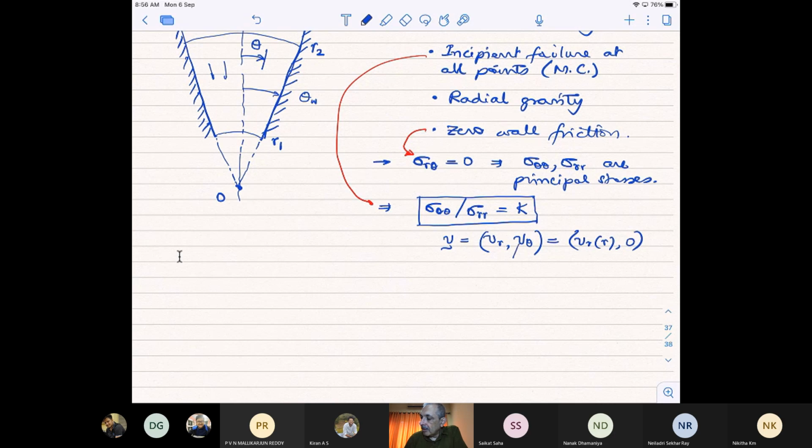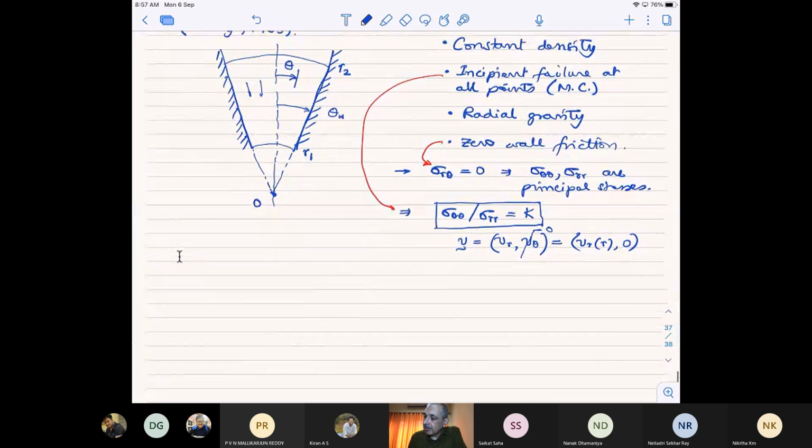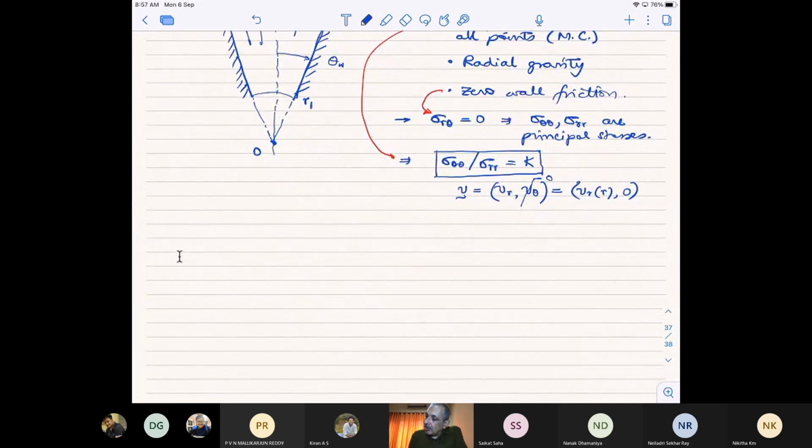That means that v theta is equal to 0. And this is a consequence of both radial gravity and zero wall friction. So you have a purely radial flow, and the velocity depends only on the radius.